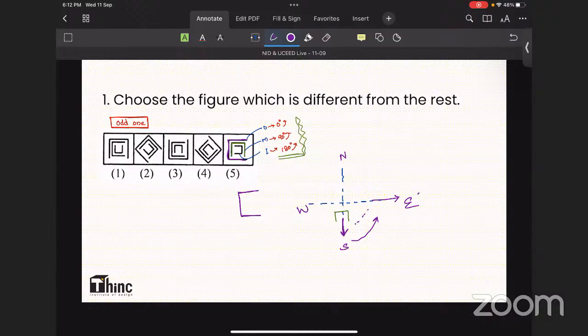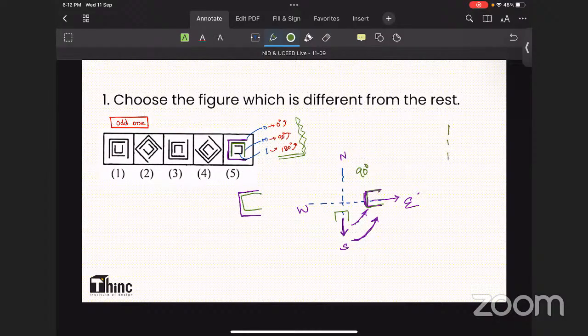Now after anti-clockwise rotation, it will open towards east. So we can redraw this particular one. Now it is open towards east, and you can see that the outer one and the middle one opened in the same direction, and this is our 90 degree rotation.